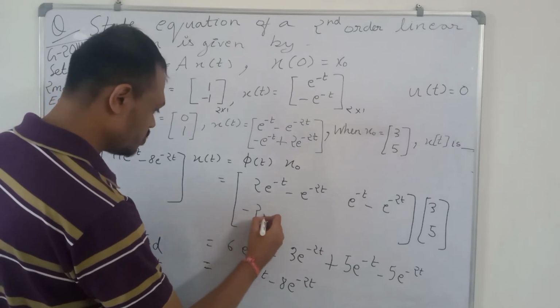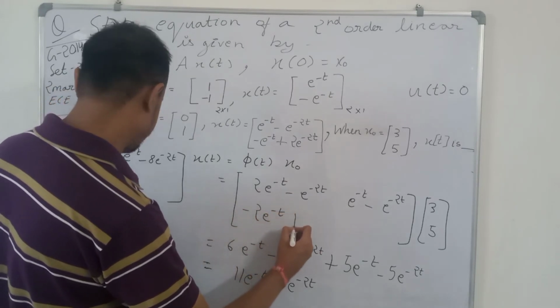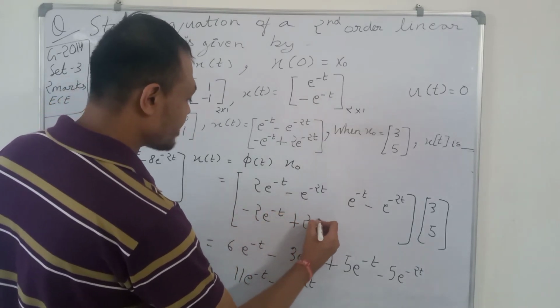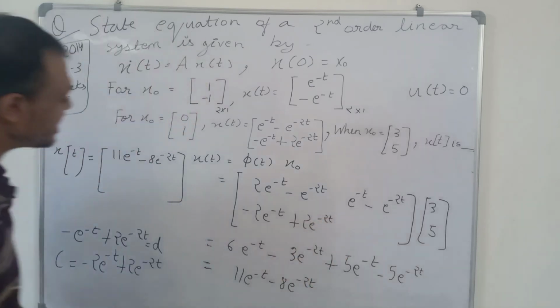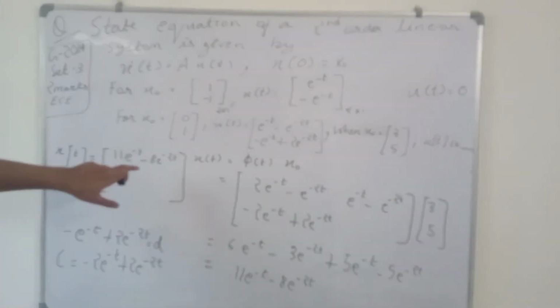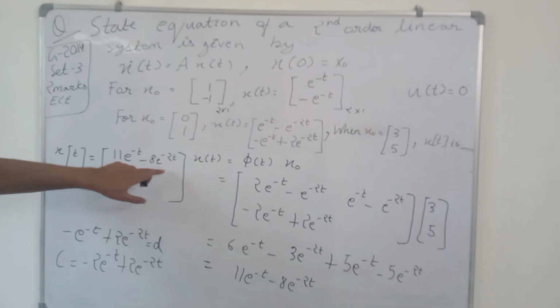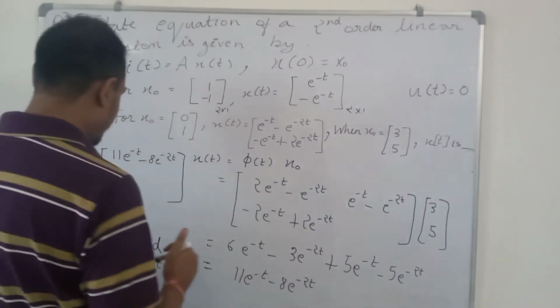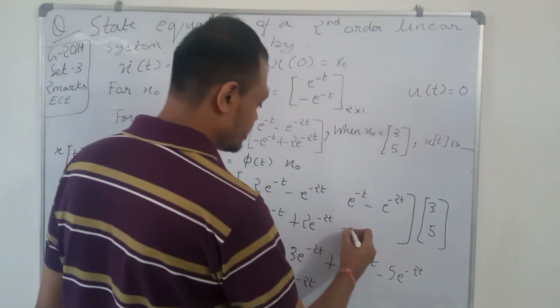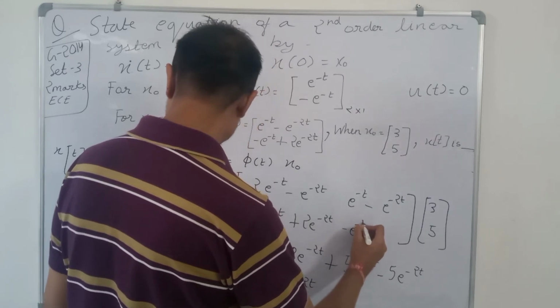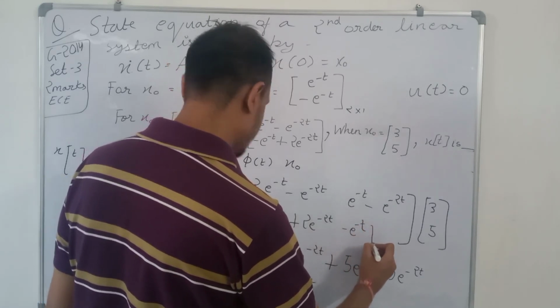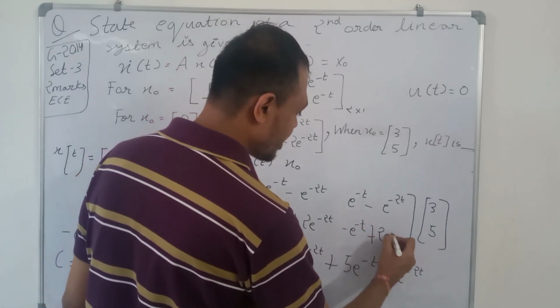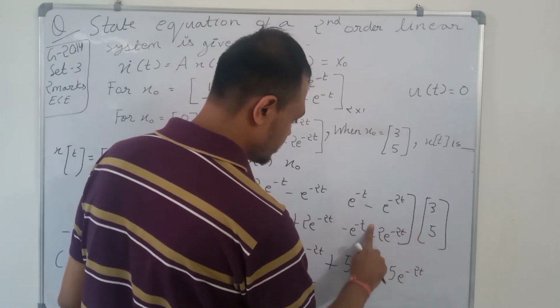If this question was an MCQ and you check the options, we have already got the answer that this was given in option C. So option C is correct. But we are checking for c and d also. And d value is minus e to the power minus t plus 2 e to the power minus 2t.